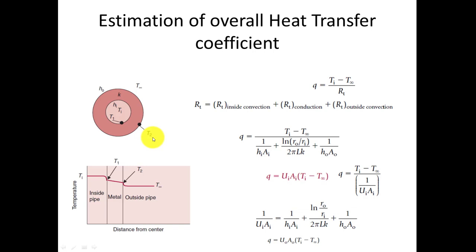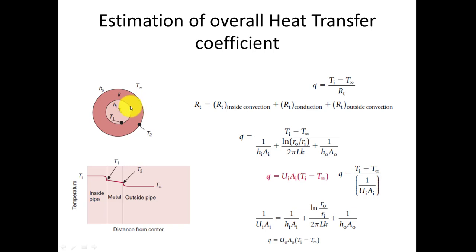If we calculate the heat transfer through the tubular pipe, let the liquid be flowing through it and we wish to calculate how much heat will be lost. First of all, heat will be transferred from the fluid to the inside surface of the pipe, and this is metal and this is fluid, so this heat transfer will be convection.